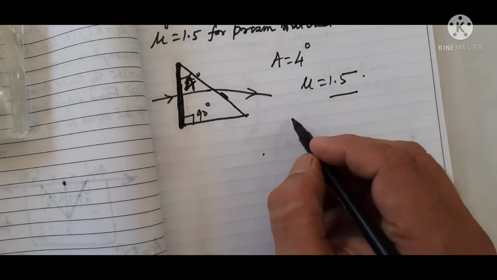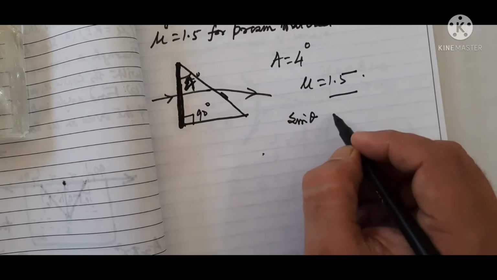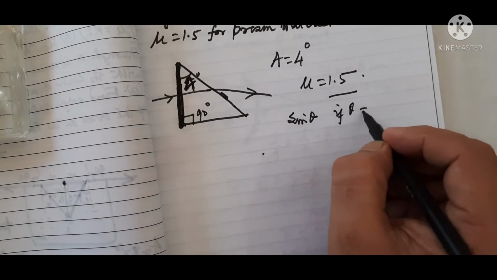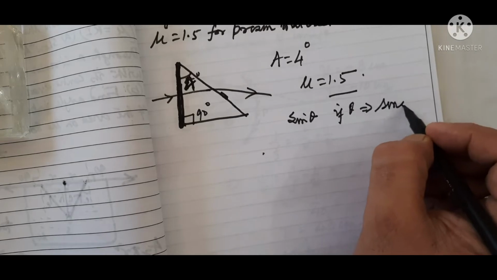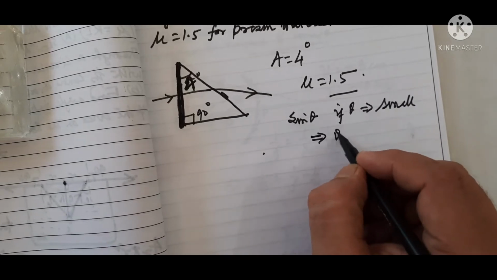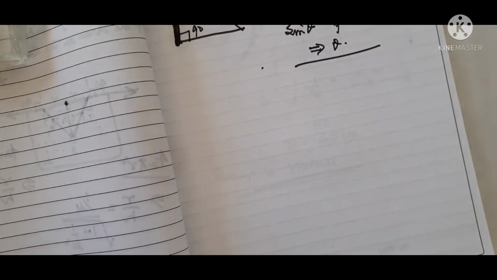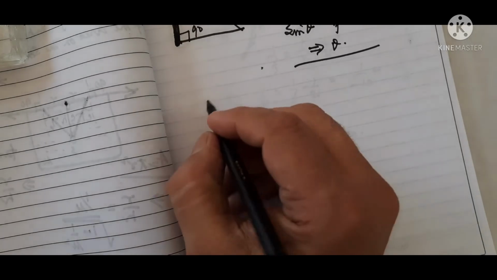And the basic point is, if theta is small, then sine theta becomes theta. That basic is required. However, another very important formula is there.